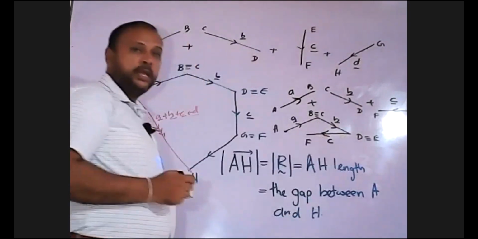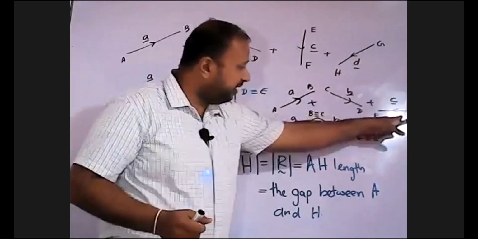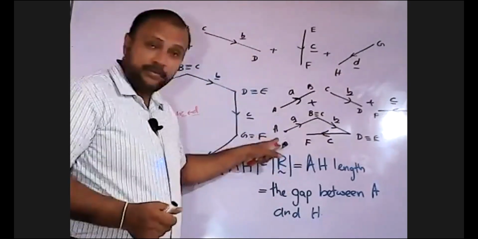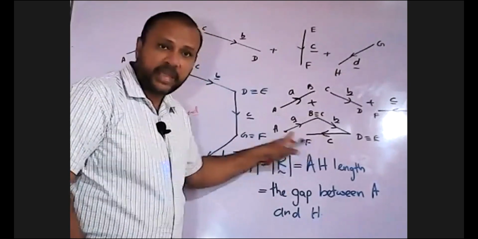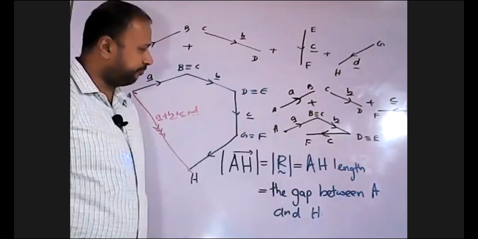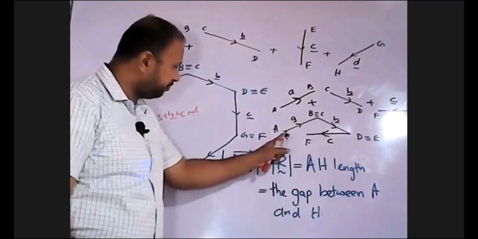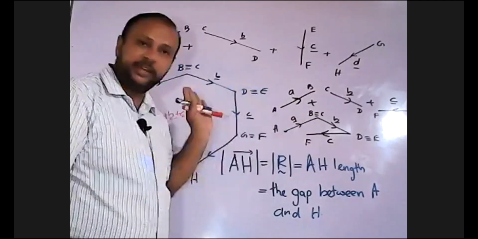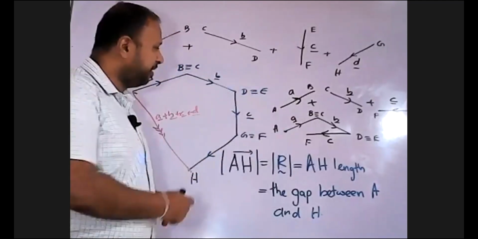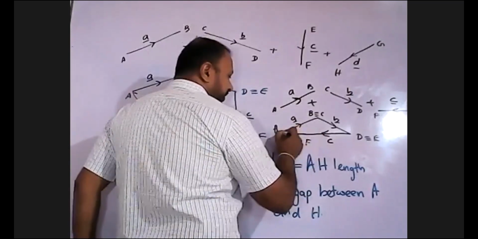Okay, the resultant vector of this vector system is represented by the AF vector, no? If the resultant is 0, that means there should not be any gap. There should not be any gap at the end, so this gap should be completed.